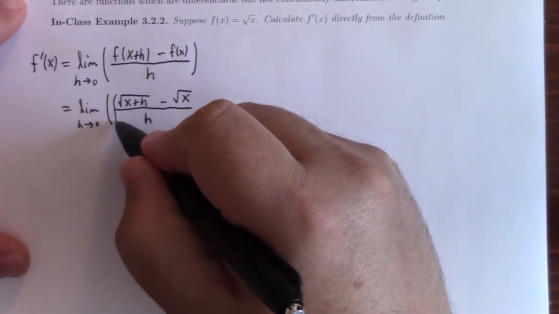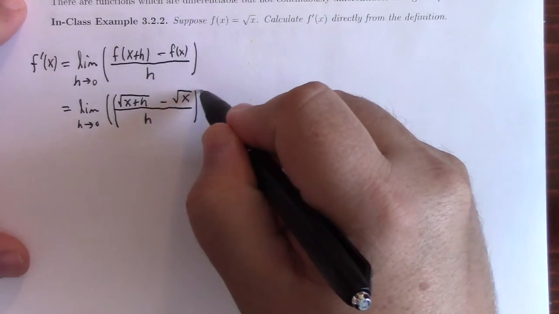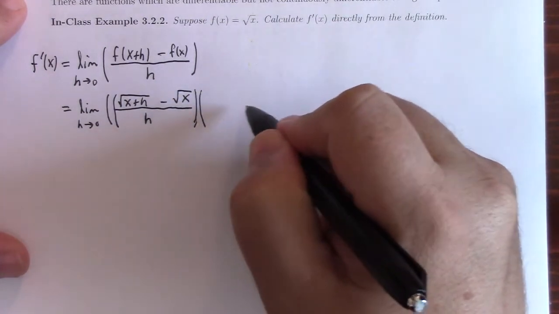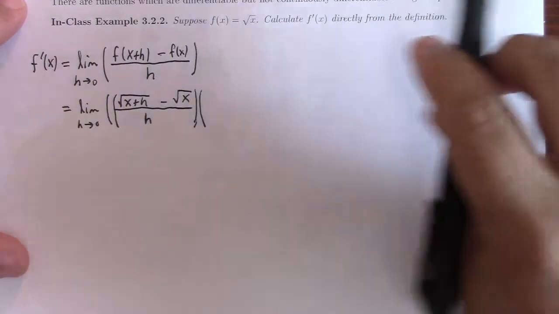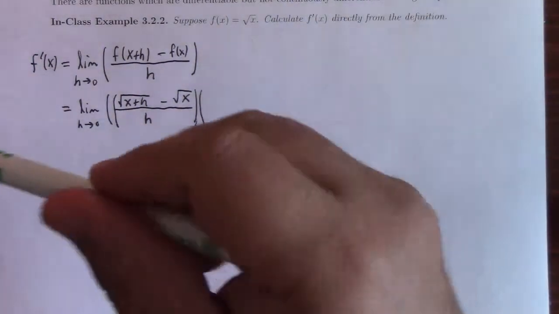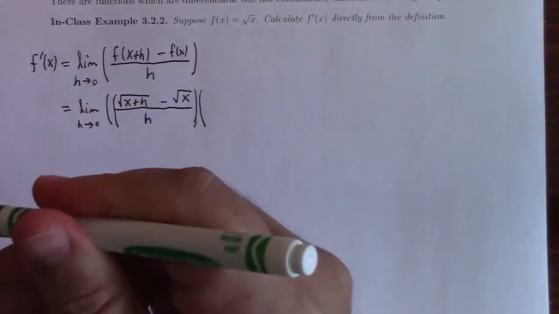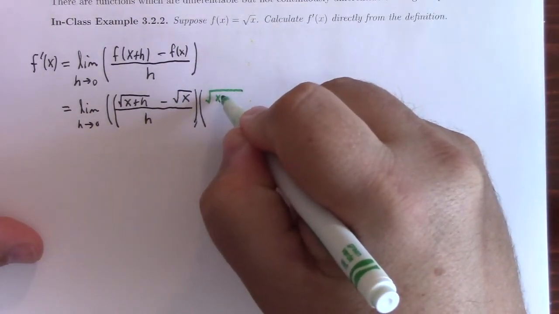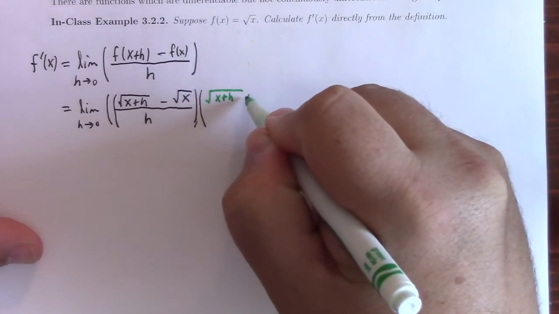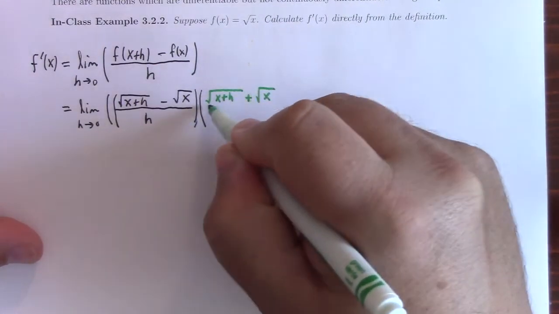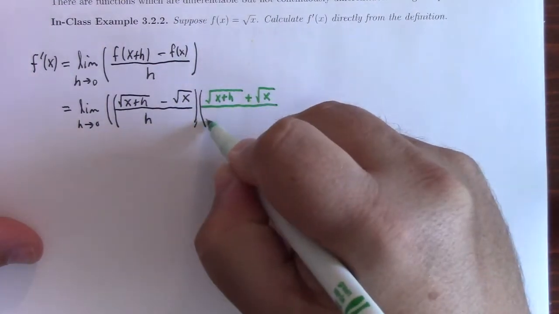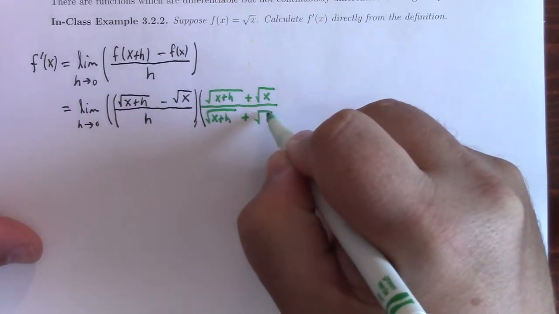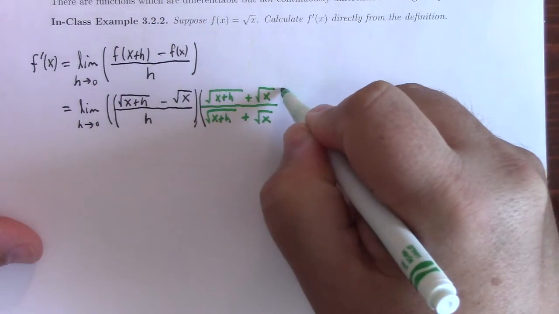But the way to deal with ones like this is to multiply by the same thing, but with a plus. So, let's see here. I will multiply by the square root of x plus h plus the square root of x, divided by the square root of x plus h plus the square root of x, like so.